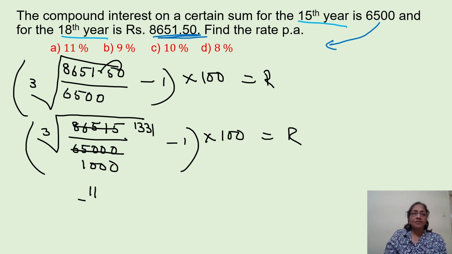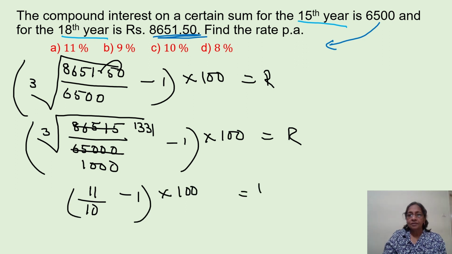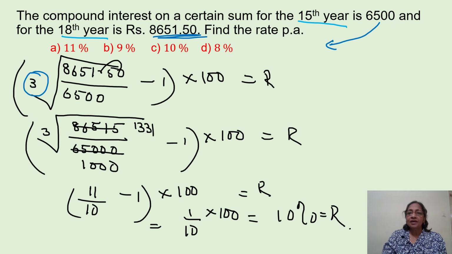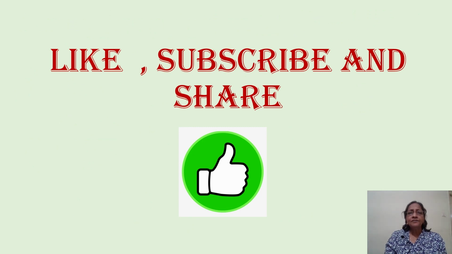So you'll get 11 upon 10 minus 1 into 100, which amounts to 1 upon 10 into 100, which is nothing but 10%. Correct option is the C option.